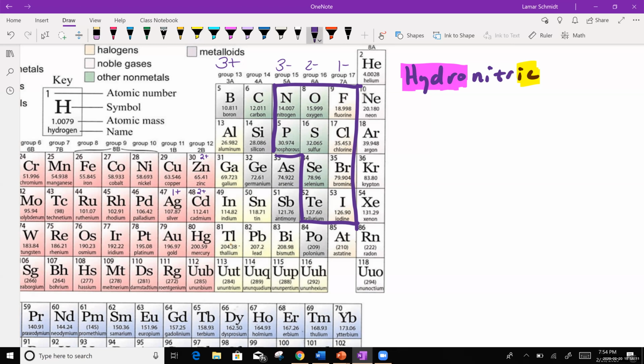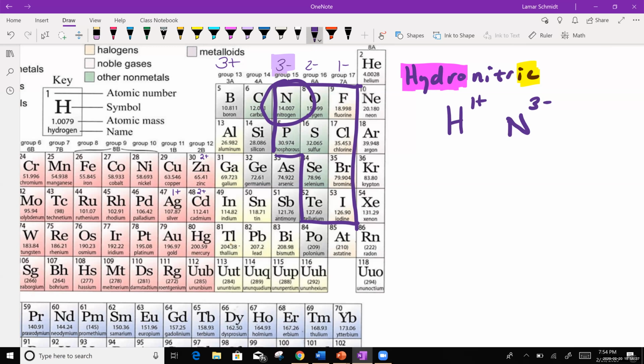And so what we look for here is the nitride ion. So we see that right here. And I told you it would probably come from this section. So that's nitride. What is the charge? The charge is 3-. And we should also note that all acids contain hydrogen.